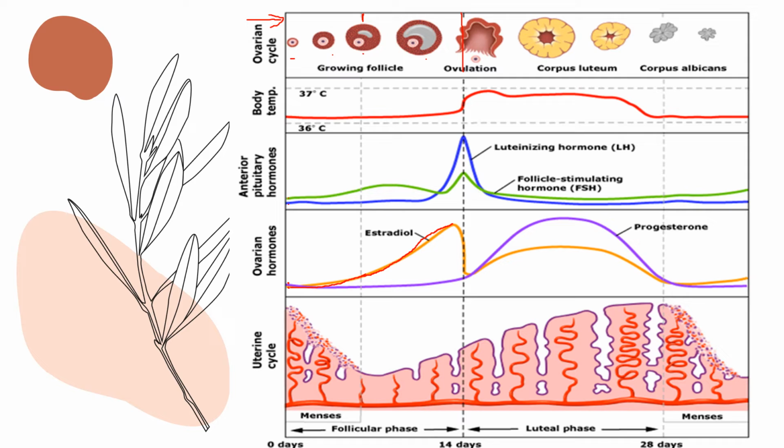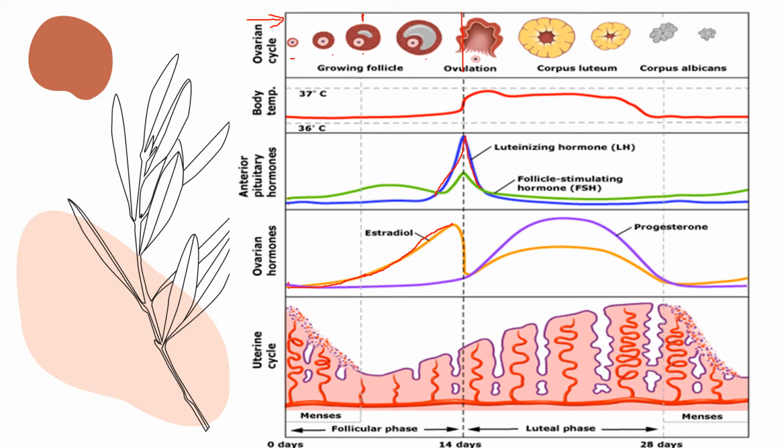Now, our hypothalamus is watching this, and once our estrogen reaches that point, it will stimulate the release of our luteinizing hormone. Our luteinizing hormone really only acts for about 24 hours. When it acts on that ova, it hypervascularizes its wall, causing it to become edematous and rupture.